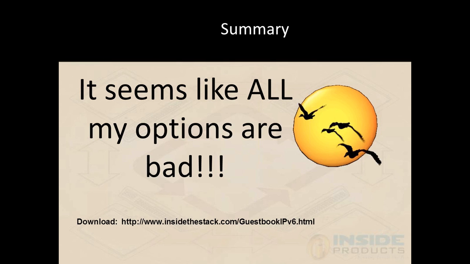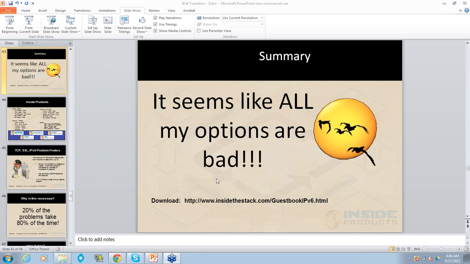Let's go through them. One of the biggest issues for translation is that it poses a single point of failure. Most of these translators, in fact, everyone that I have seen, are what's called stateful. That means that the packet has to come in and out of the same device.